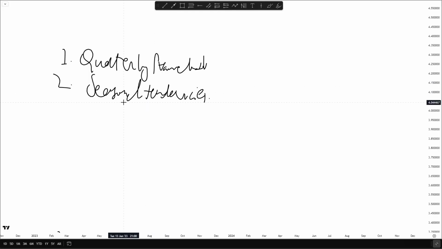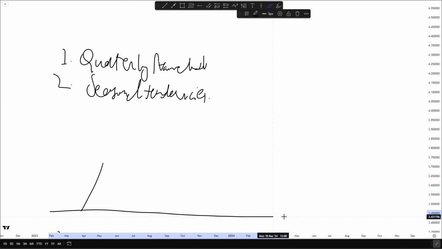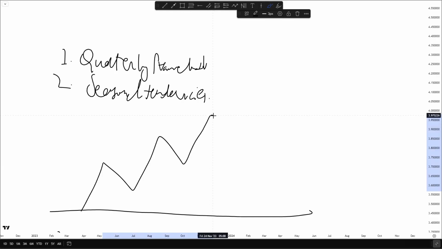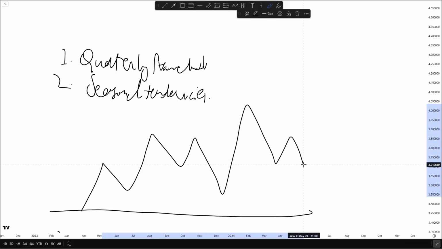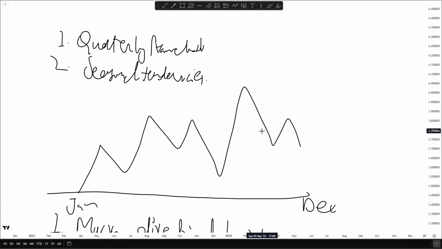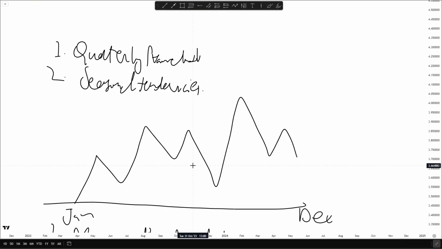Okay, and the seasonal chart basically tells us or gives us a 12-month overview of how that asset has behaved historically on average in the past 20 to 30 years. Okay, it may look something like this from January to December. This is basically how a seasonal chart looks like.